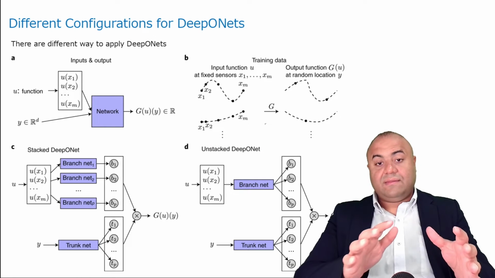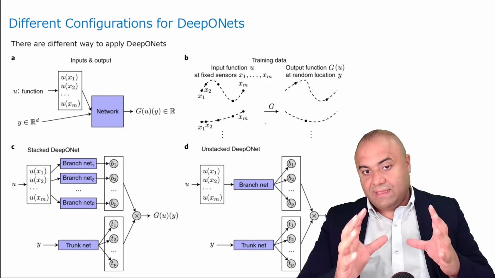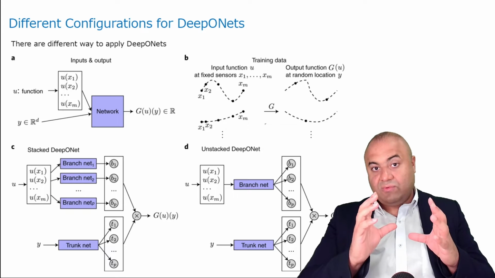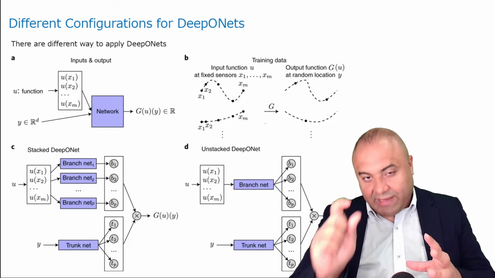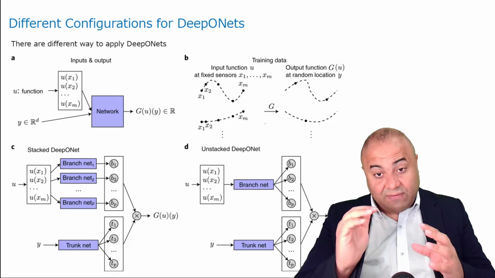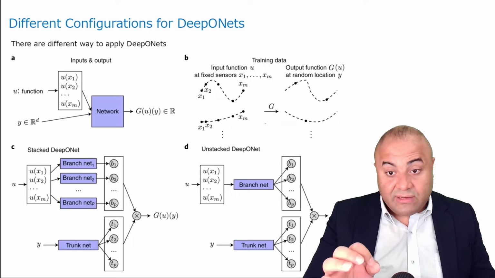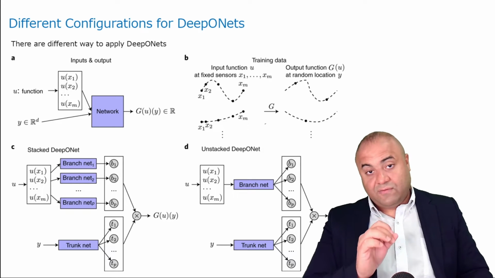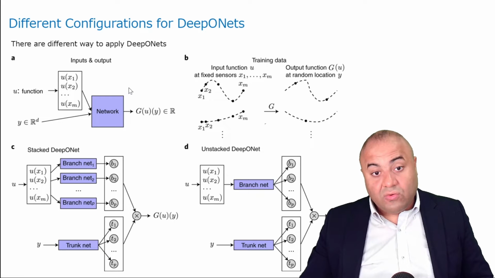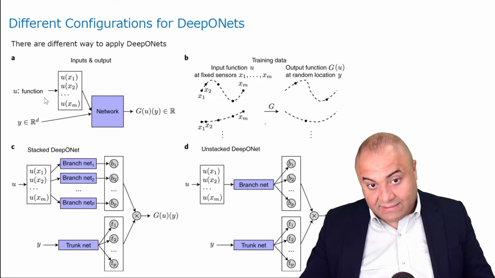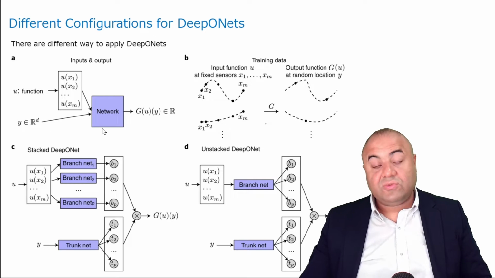And the thing is, as you can see, the idea of DeepONets is basically that you need two networks, or two systems, or actually two pieces of information for the network. The first one is the whole domain. The second is the location in which you want to predict this value. So you need the whole system, the whole initial condition, and the location in which we are trying to predict.